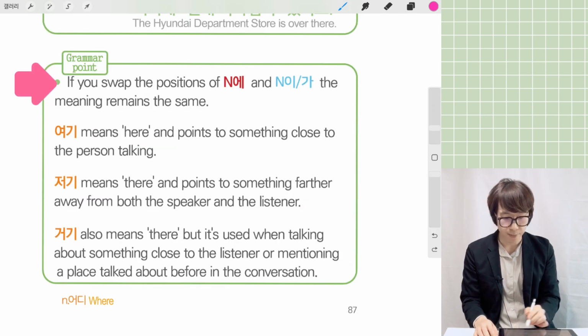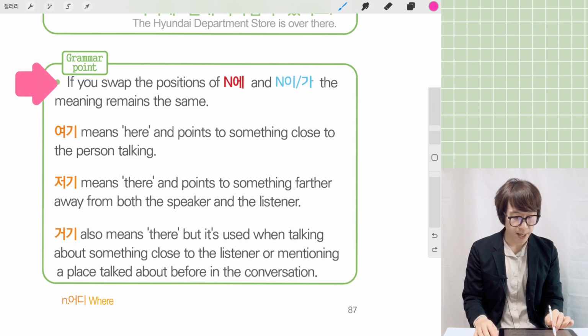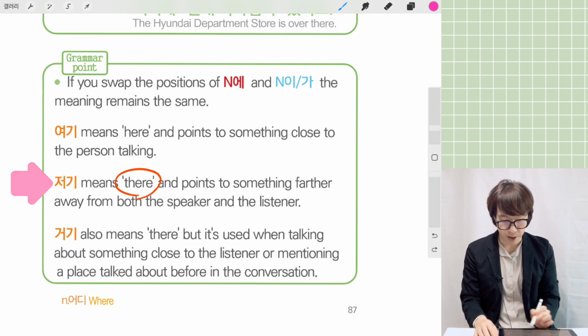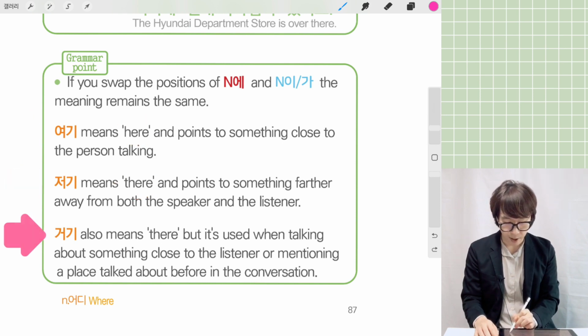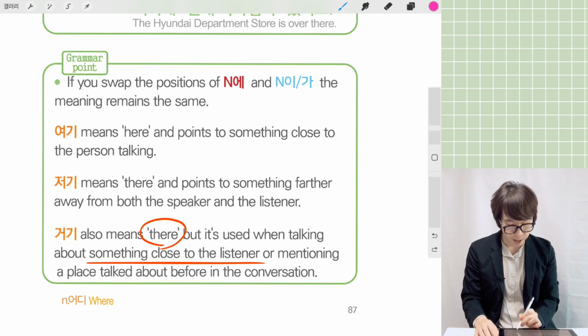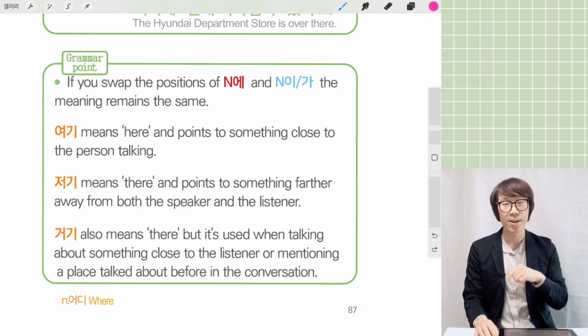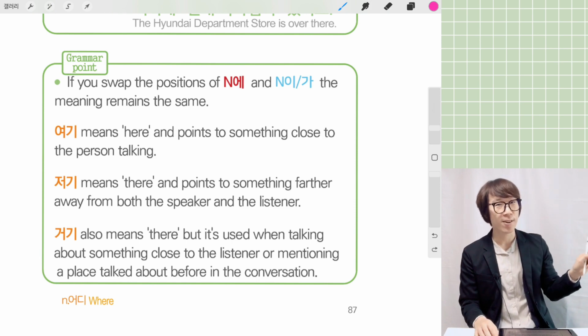So if you swap the position of noun에 and noun이/가, the meaning remains the same. 저기 is over there, and 여기 is here. 거기 is there, but it's used when talking about something close to the listener, or mentioning a place talked about before in the conversation. So 여기, 저기, or 거기.